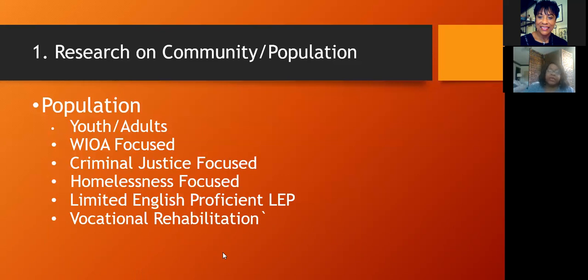So here, one of the first and most important factors in taking a look at comprehensive services is to do the research on your community, identify your population group, and know that you have all of the information that's necessary based on the population group that you're looking to serve.